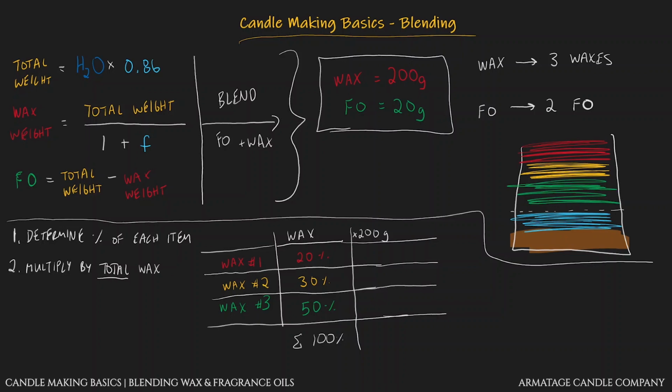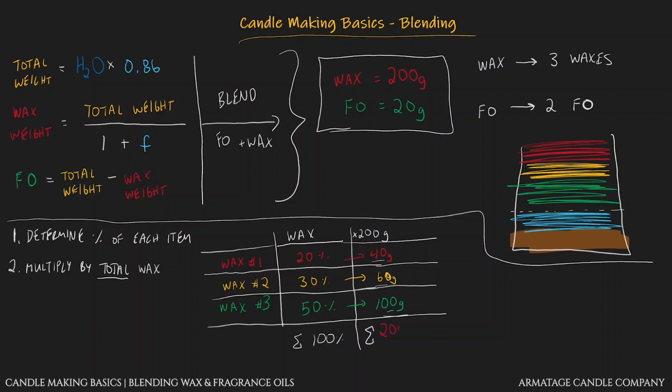So the first wax will give us 40 grams. The second wax will give us 30% of 200 grams, which is 60 grams. And our final number will give us 100 grams. So if I add all of these together, 100 plus 60 plus 40 equals 200.